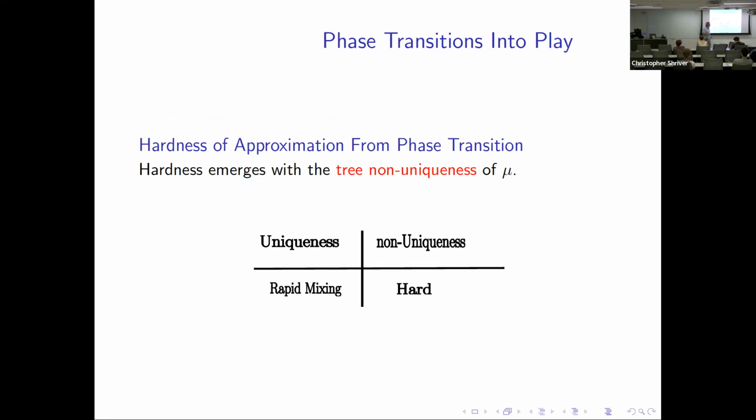Let me remark here that when we have hard instances, we don't expect the Glauber dynamics to mix fast, right? Because otherwise the problem is not hard. So hardness also implies slow mixing for Glauber dynamics, of course. Any questions here?